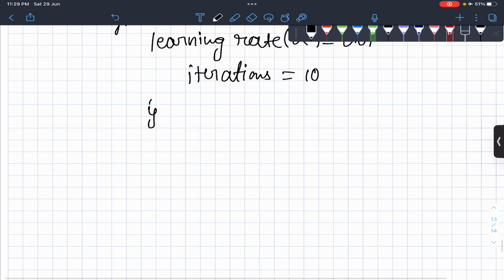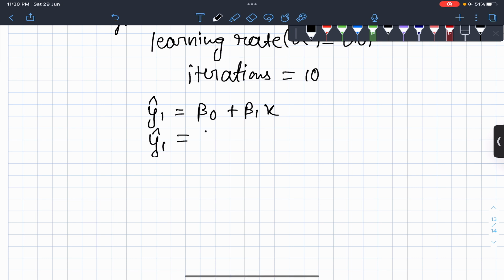So y hat 1 equals beta 0 plus beta 1 x. Beta 0 is 0, beta 1 is 0, into our x1. So y hat 1 is 0.